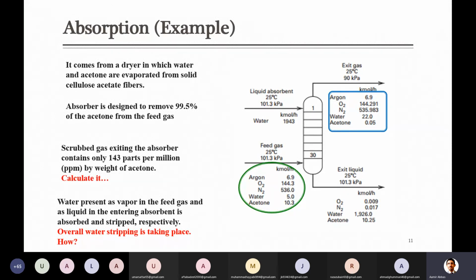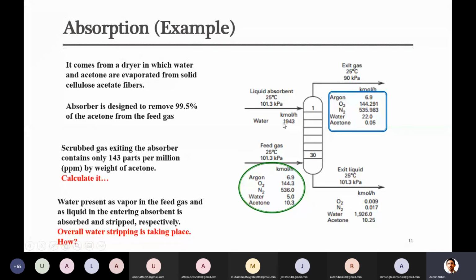The water which is part of the feed gas, these water molecules are actually absorbed inside the liquid stream. So acetone and water are actually absorbed here mainly, along with some amount of, you can see, oxygen and nitrogen, which are also removed in some small amount, but most of them go to the top.